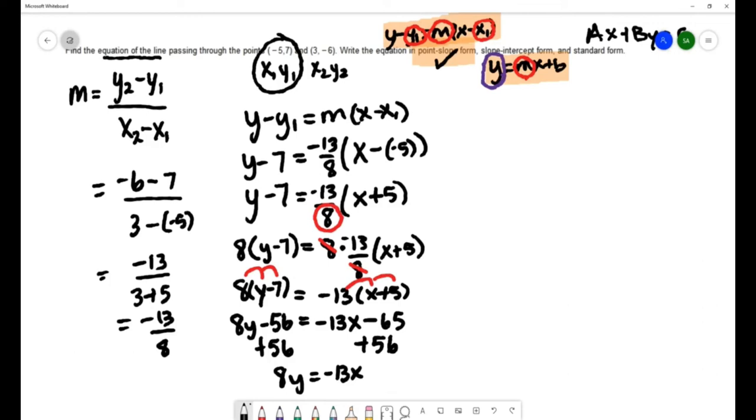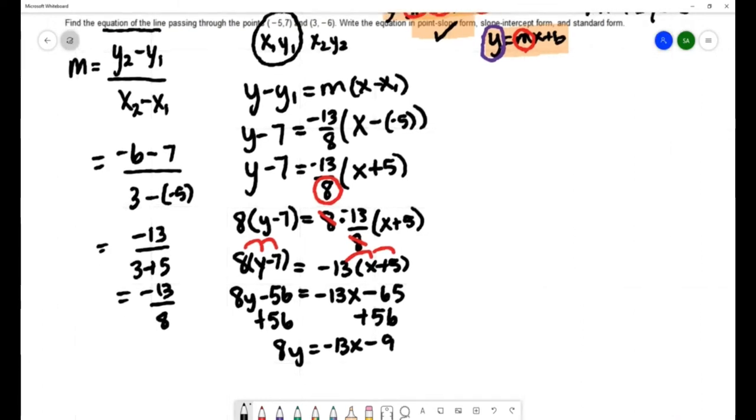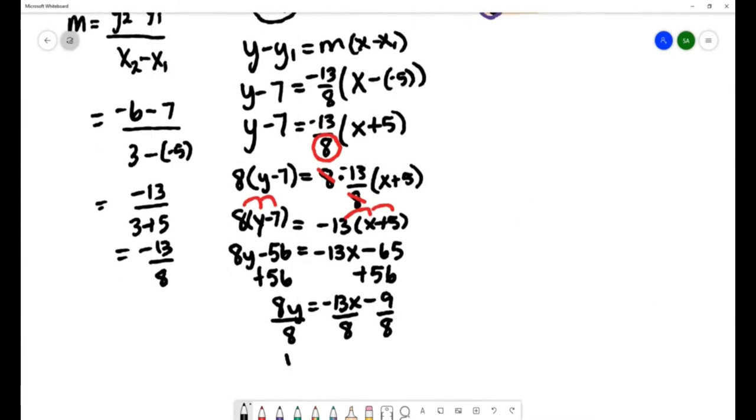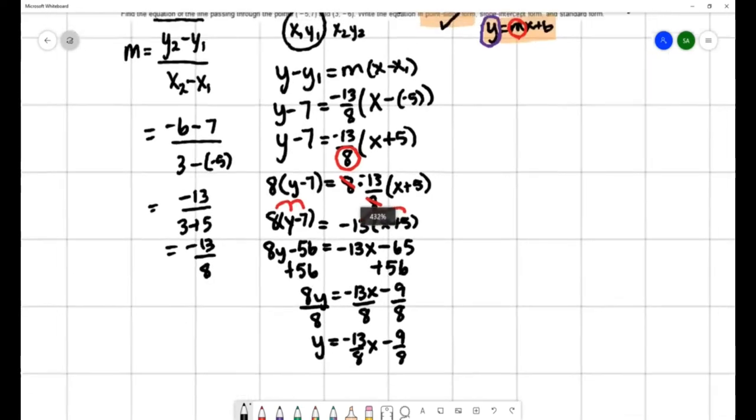That gives me a negative 9. And then we'll divide both sides by 8. And now I have my equation, y equals negative 13 over 8 x minus 9 over 8. That's our equation in slope-intercept form.